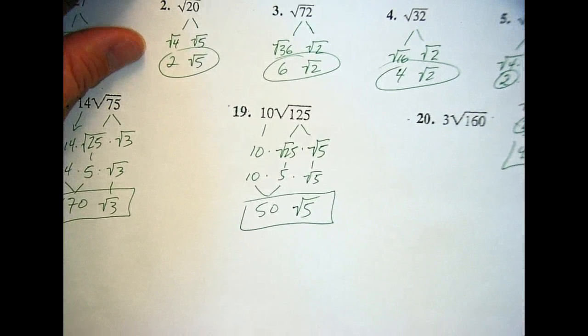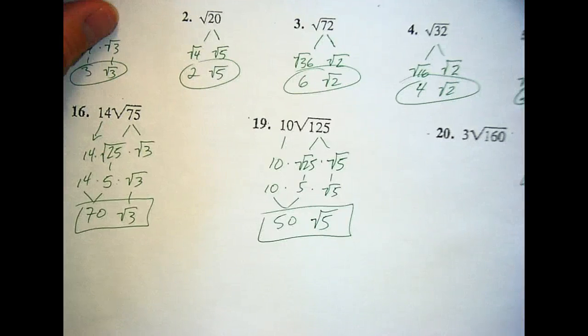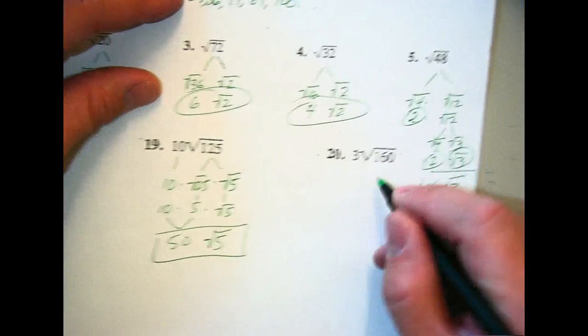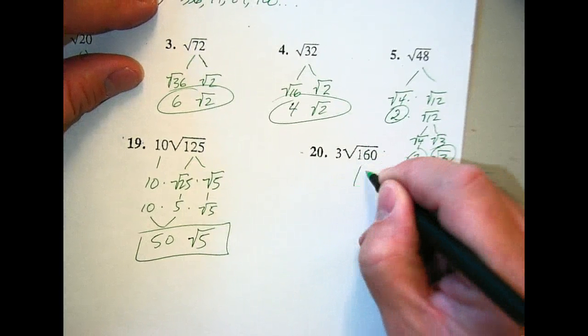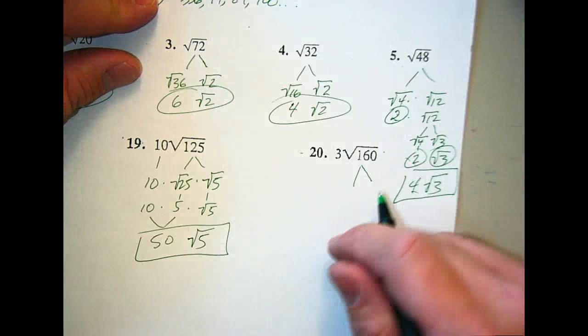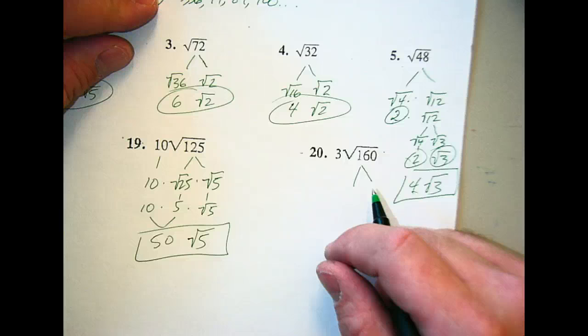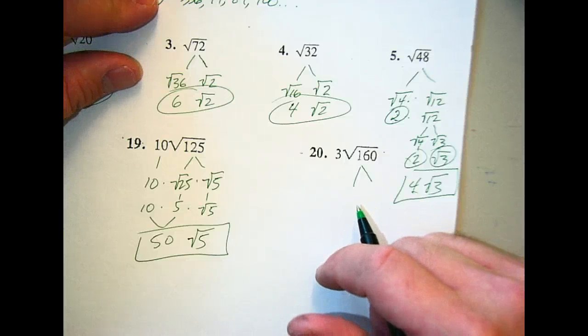All right. Questions there? If I'm not quite done, Jocelyn, what do you get for 160? Perfect square that goes into it. May not have made it there yet, but maybe you did. How about 16? I'll help out.